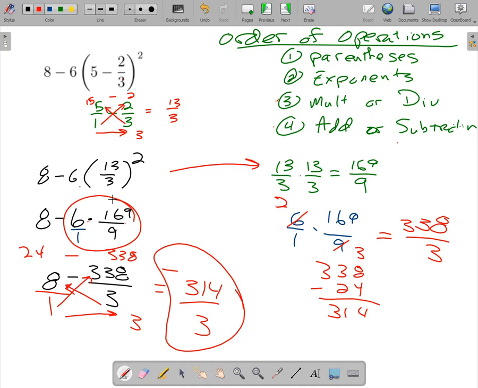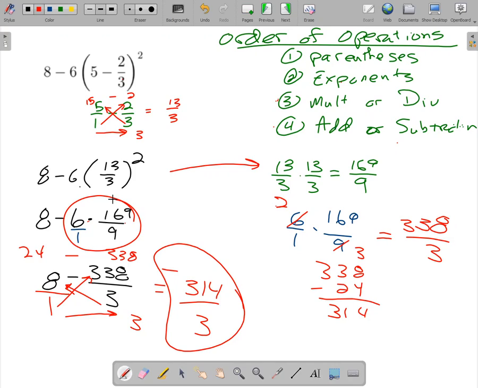8 minus 338 over 3. I use the arrow algorithm on that. And so that gives me negative 24 minus 338, which is going to give me a negative answer. So negative 314 over 3. Does this reduce?